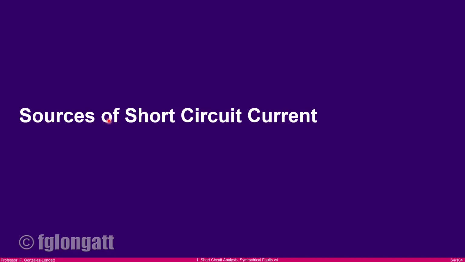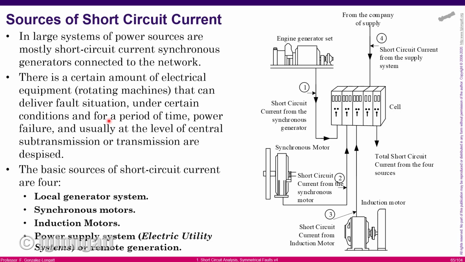Well, what I will talk about right now is that when there is a fault inside the power system, there are some devices that allow the production of short circuit currents. Imagine that we have a power system.